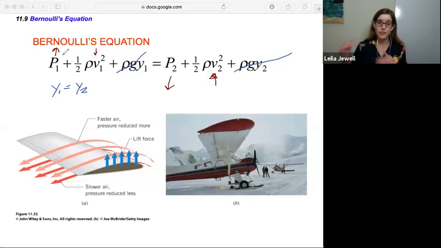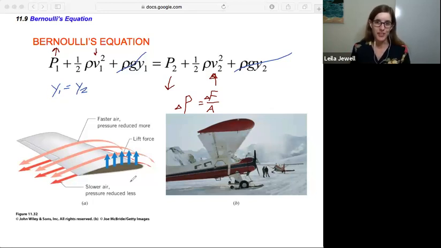But if there's a difference in pressure, that's enough to create a net force, right? Because we know that pressure is equal to force divided by area. So we can look at the difference in pressure, and that'll be equal to the difference in force relative to the area between them.